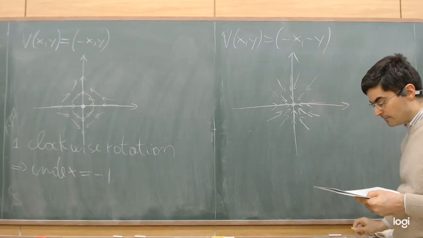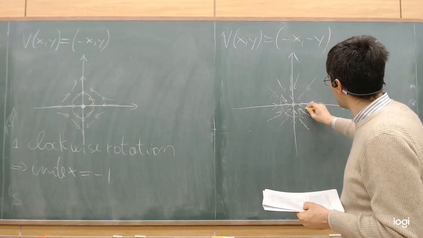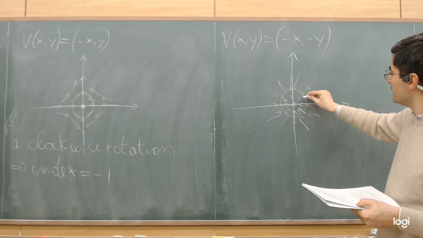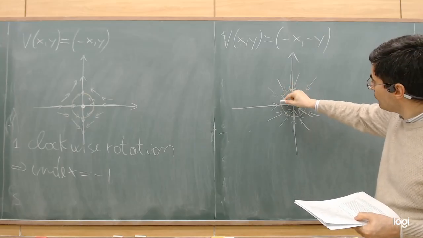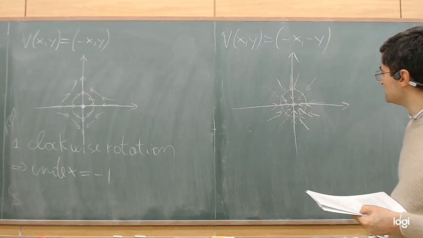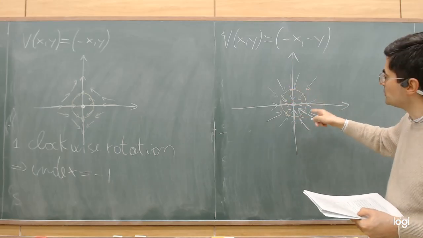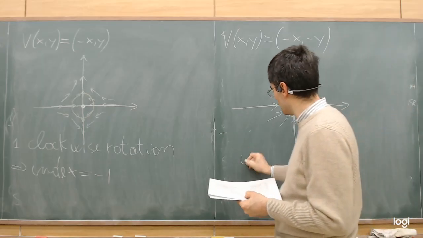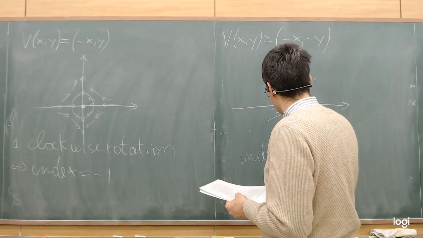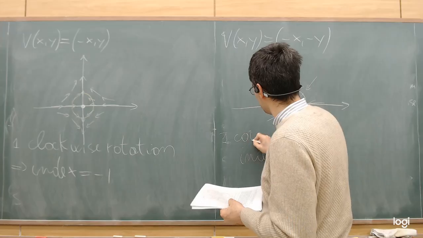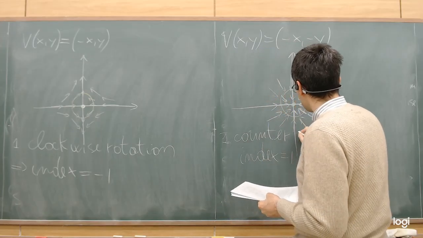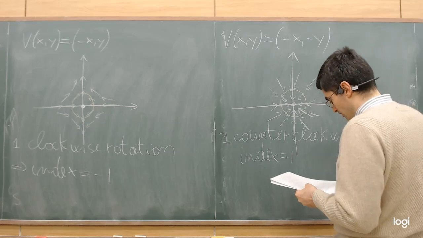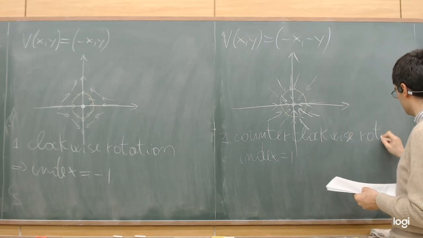In this case, if you take this loop here, then you make one counterclockwise rotation if you travel along this curve, facing in the direction given by the vector field along the curve. So you have index equal to 1 because you have one counterclockwise rotation.